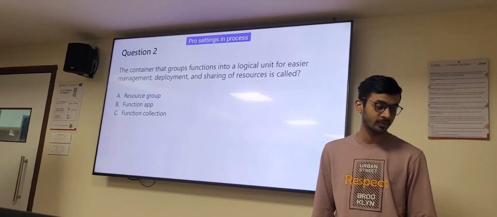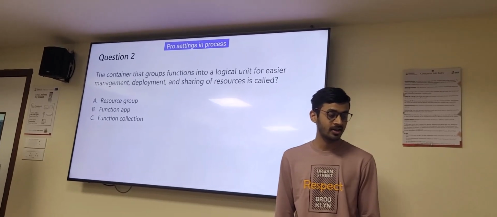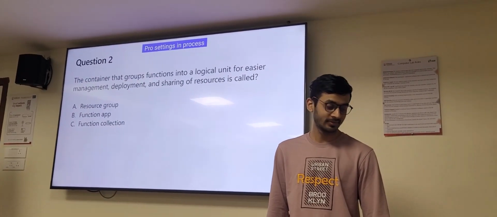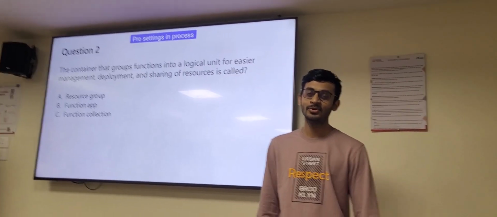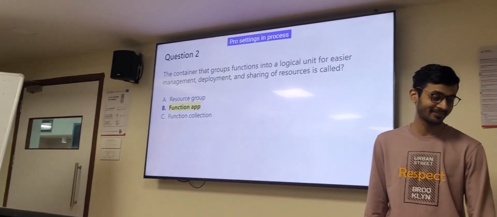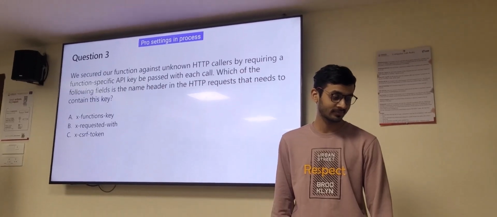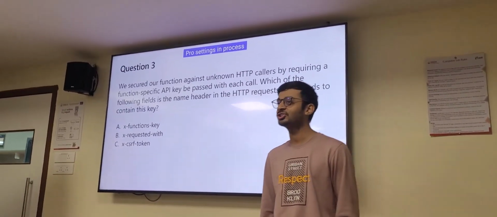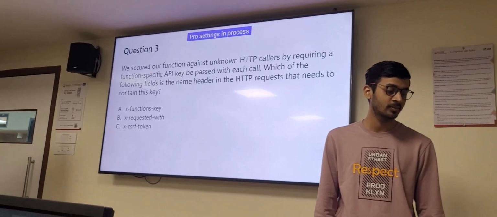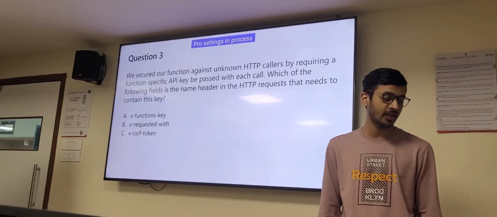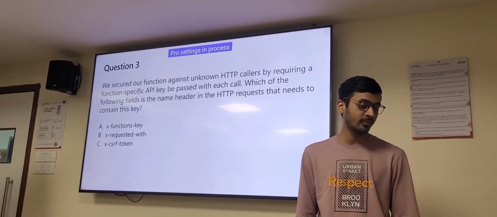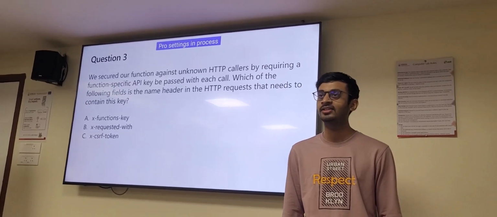First is resource group, second is function app, and third is... Secure a function against unknown HTTP callers, requiring a function-specific API key. If asked with each call, which of the following fields are... CSRF token.